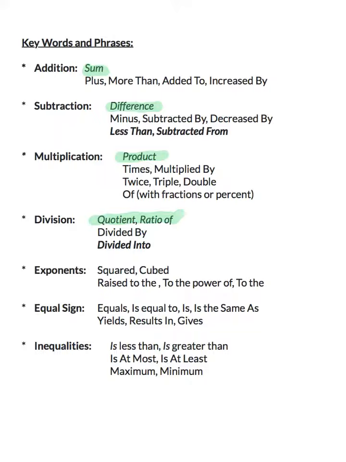Other things that we're going to have are exponents. Exponents, you can have some special words like squared, which means to an exponent of 2, cubed, which means to an exponent of 3. Other ones that we have are raised to the power of, to the.